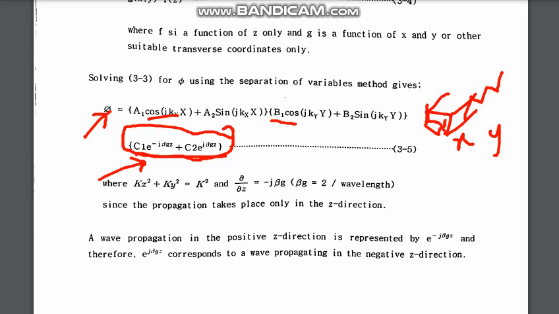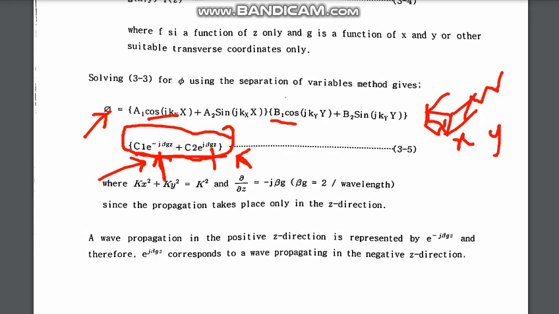The phasor form for this particular waveguide is shown here as c1 e to the power minus j beta z. The minus j means forward, toward the positive z direction, and plus means it will go toward the negative direction.